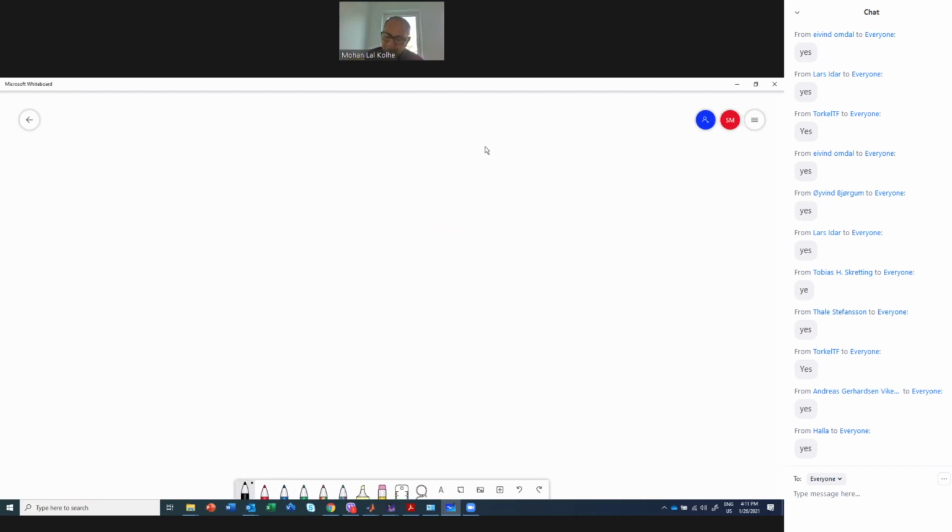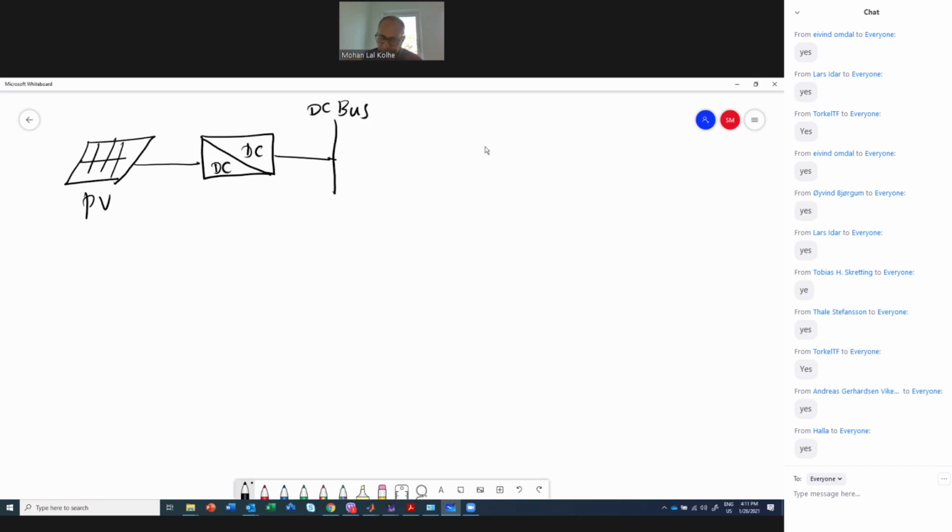So here I will just explain. Here you have, let's say, PV, and this PV panel will be connected to a DC to DC converter, and the DC to DC converter will be connected to a DC bus, and this DC bus will be connected to the AC bus through an inverter or a DC to AC converter.